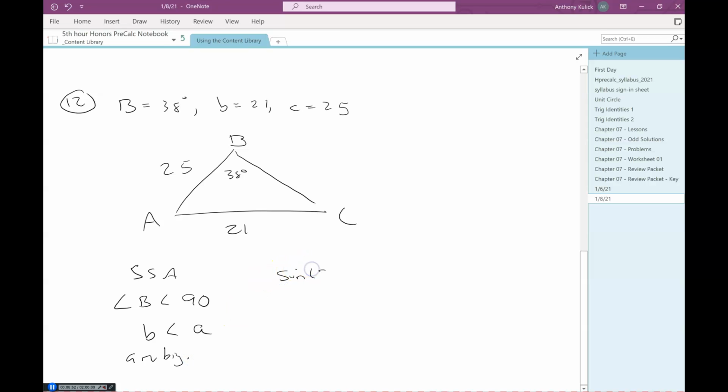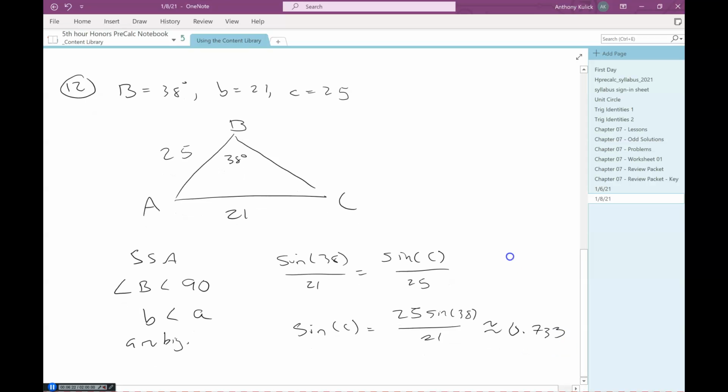So we can say sine of 38 over 21 is equal to sine of C over 25. And if we cross multiply and divide, sine C is going to equal 25 sine 38 over 21, which is about 0.733.